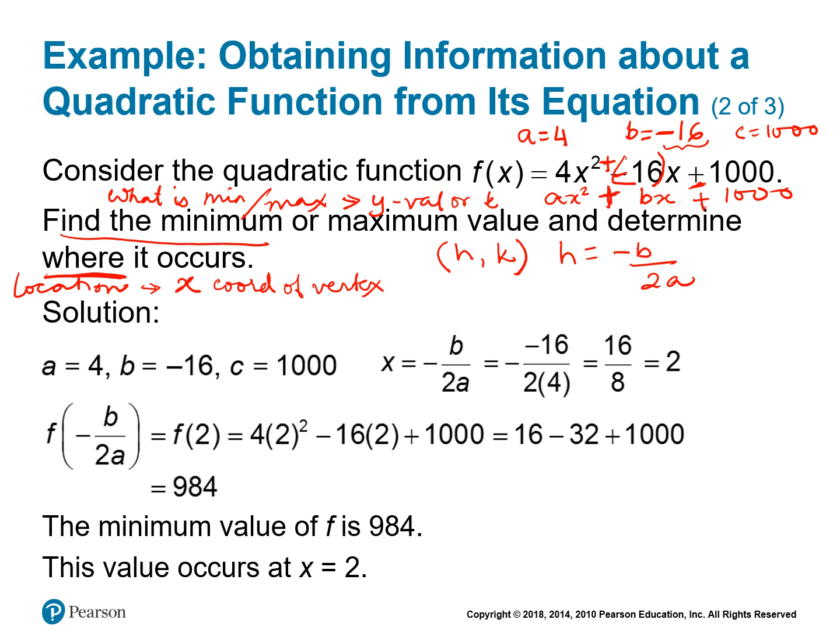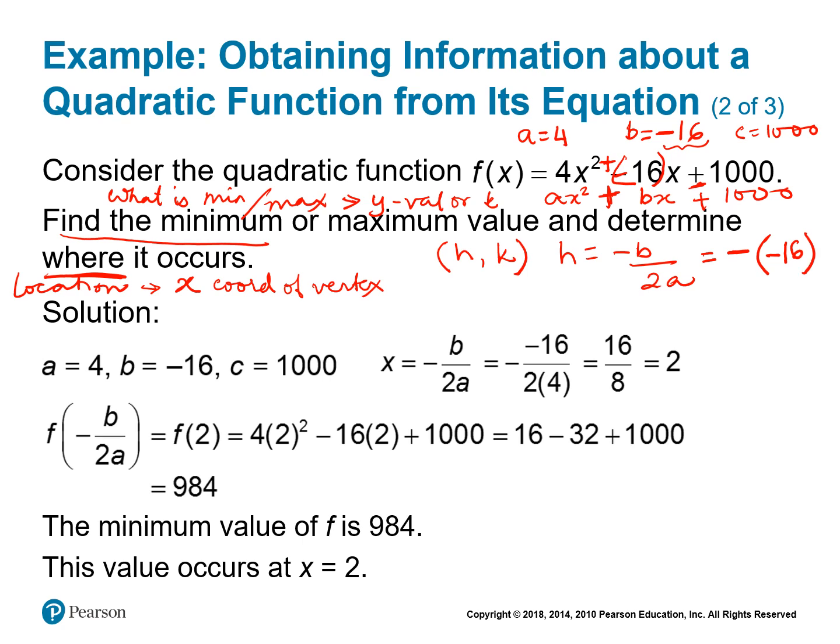So now that we have the values of a equals 4, b equals negative 16, and c equals 1000, I don't think we'll need the c for this exercise, but we can plug in the values for b and a and find what h is. All right. So minus is with the formula, and then b is negative 16. Again, use your brackets.